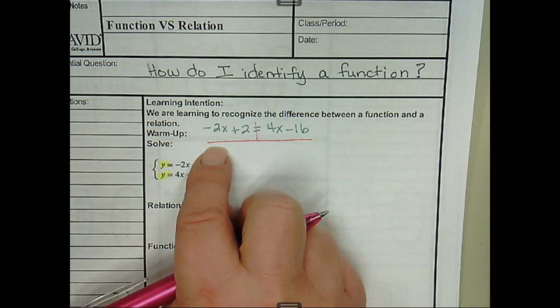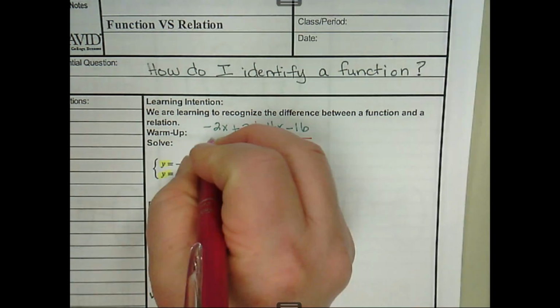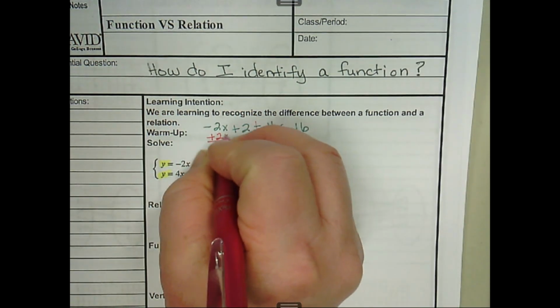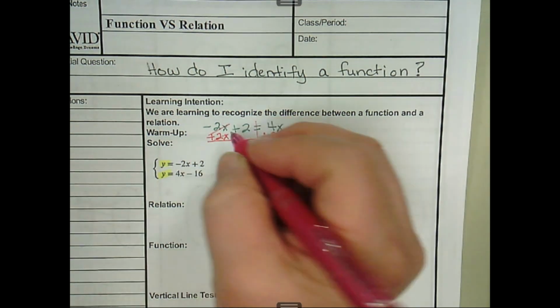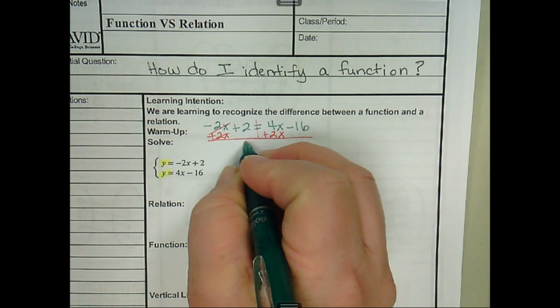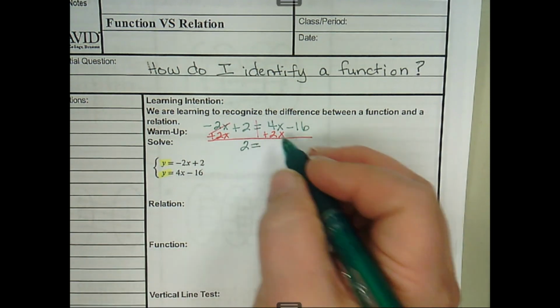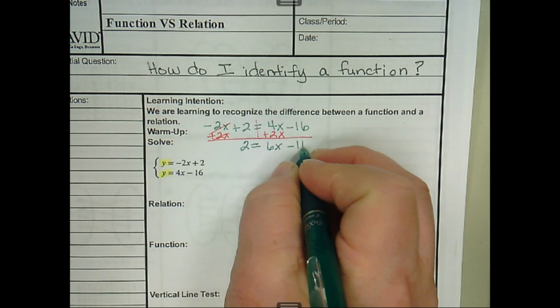Well, negative 2x is, so that is the one we want to move to the other side. I will add 2x to both sides. I've eliminated it on one side. I'm left with 2 is equal to 2x plus 4x is 6x minus 16.